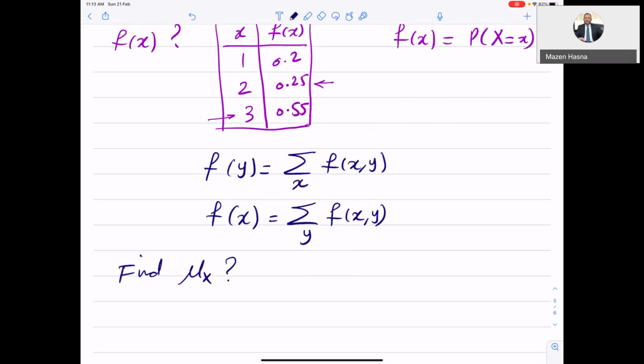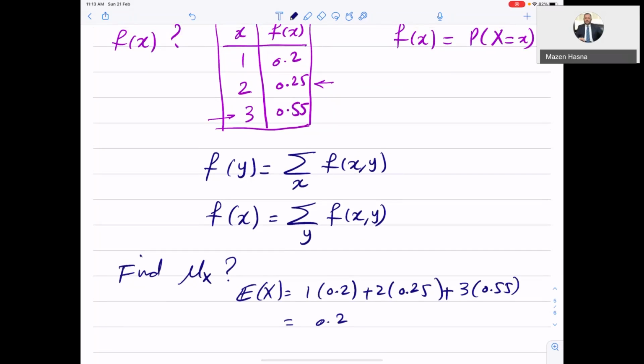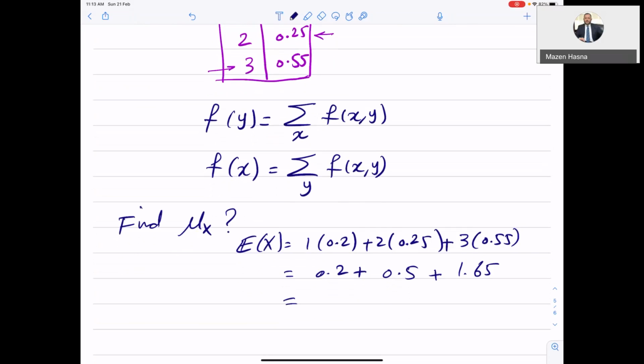Very simply, the expected value of x is just 1 times 0.2 plus 2 times 0.25 plus 3 times 0.55, which is 0.2 plus 0.5 plus 1.65, which is 2.35. So this is the mean of x.